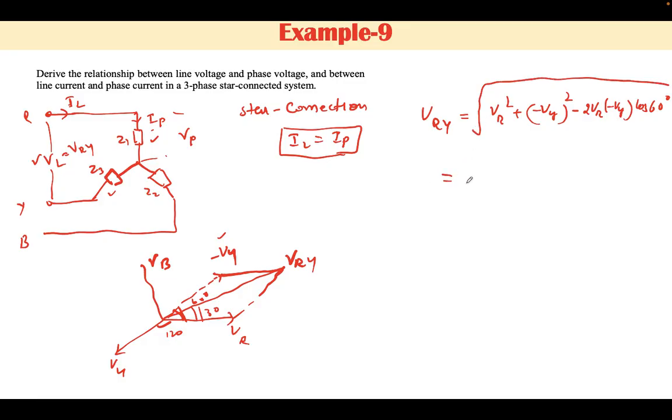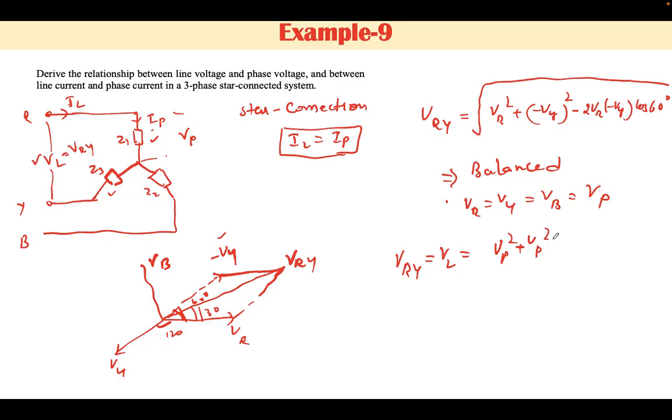On simplification, we know in a balanced system, if the system is balanced, then we say Vr is equal to Vy is equal to Vb is equal to Vp. Putting this value over here, Vry, which is nothing but VL, is equal to the square root of Vp square plus Vp square plus 2 Vp into 1/2, and hence 2 will be cancelled out.